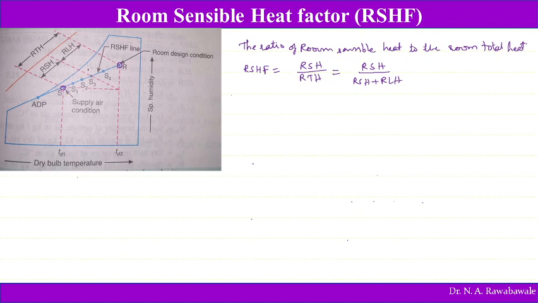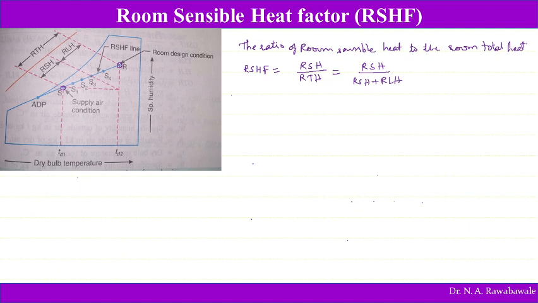If we join these 2 points, we will have a sensible heat factor line, the room sensible heat factor line. The air supplied to the room must have the capacity to take up simultaneously both room sensible heat and room latent heat loads. So there are 2 kinds of loads: one is room sensible heat and the other is room latent heat.